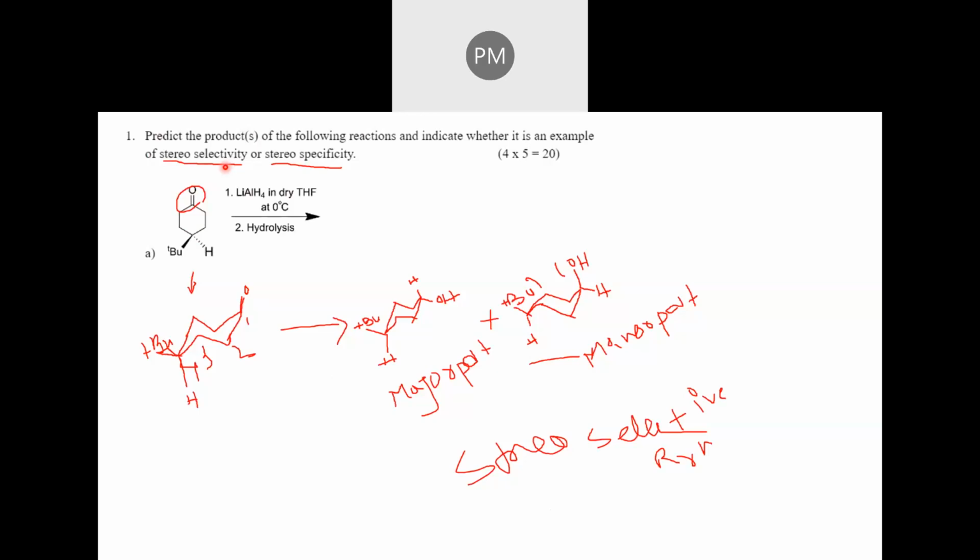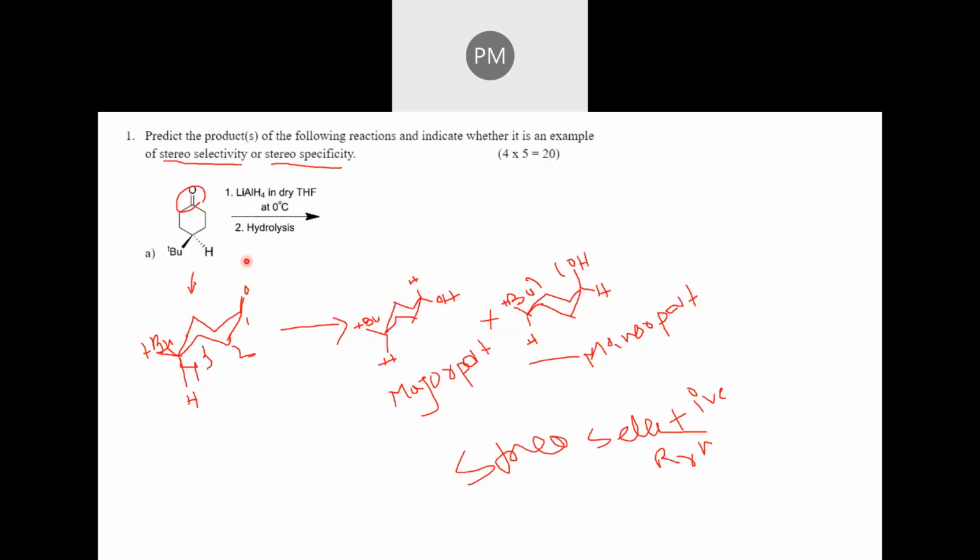So if I give one example, in this reaction we have to find out whether it is stereoselective or stereospecific. We know that any carbonyl center, if we give LiAlH4, which is a hydride source, will be reduced, and our carbonyl center becomes a 2-degree, secondary alcohol.